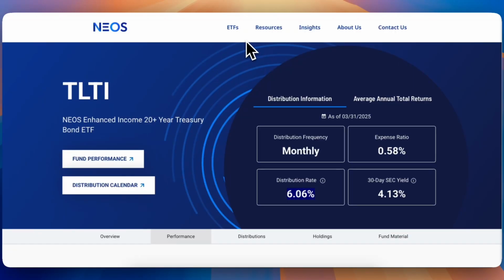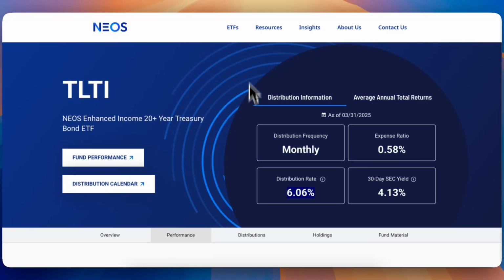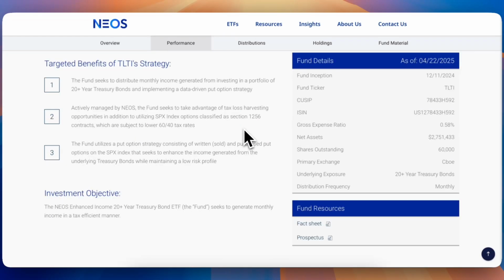Now the third ETF is going to be the TLTI, which is the NEOS Enhanced Income 20+ year Treasury Bond ETF. Now TLTI invests in long-term treasuries such as TLT, but it doesn't write call options on TLT like the other 2 ETFs.